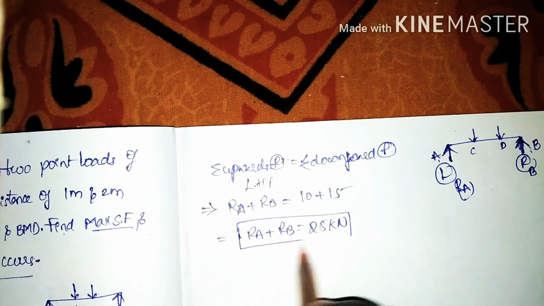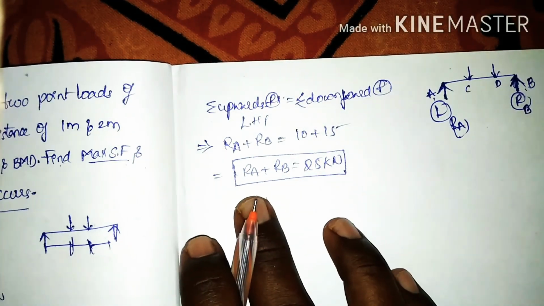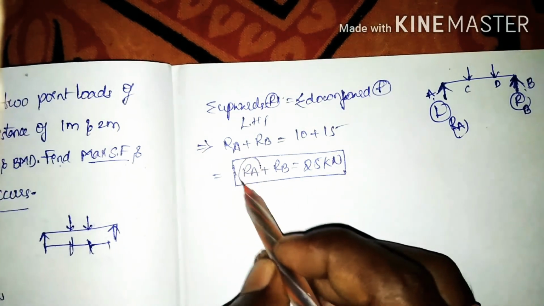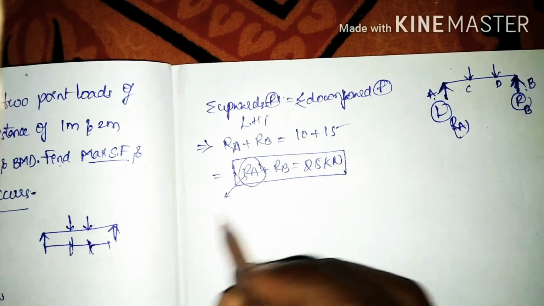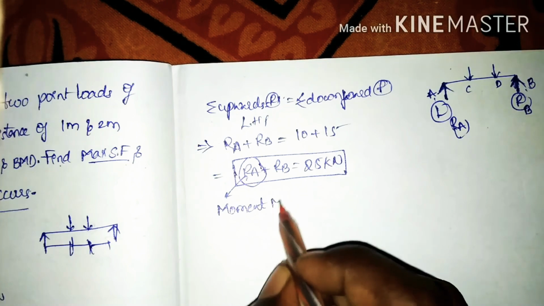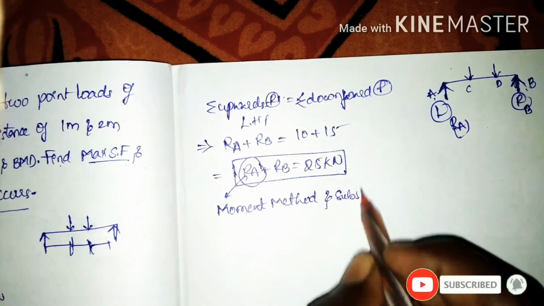Here we know the combination of reactions is 25, but we don't know the individual reactions, so for this we are going to find them with the moment method and substitution method.